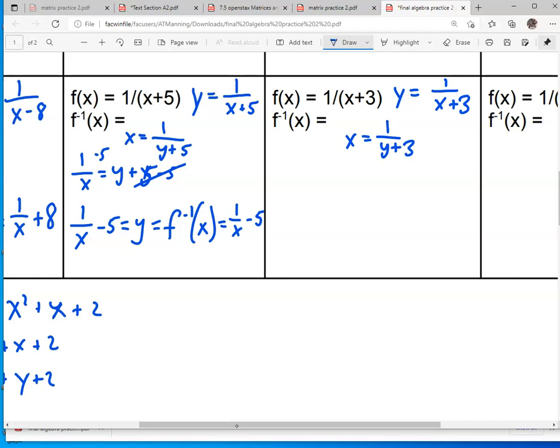And because I have a fraction and I want to get the y on top, do the inverse of both sides again. And now subtract 3, and I'll have y by itself on this side. 1 over x minus 3 equals y. Therefore, f inverse of x equals 1 over x minus 3.